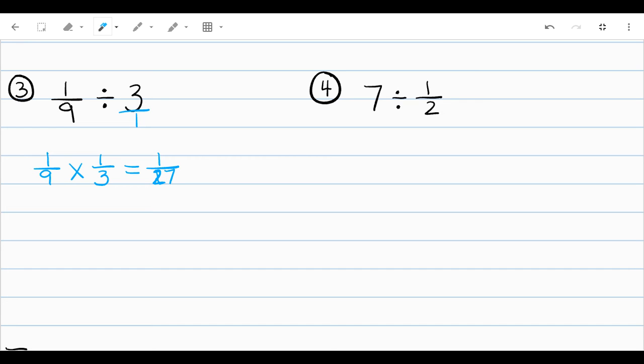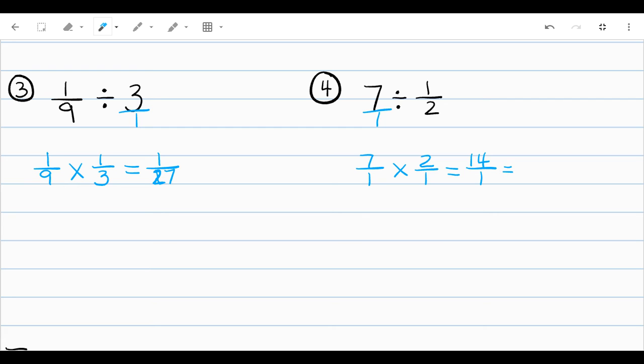All right, number 4. 7 divided by 1/2. Well, let's make 7 a fraction. So 7 over 1. Now we're going to keep the 7 over 1. We're going to change division to multiplication. And we're going to flip our second fraction so that it's 2 over 1. All right, now we multiply straight across. 7 times 2 is 14, and 1 times 1 is 1.